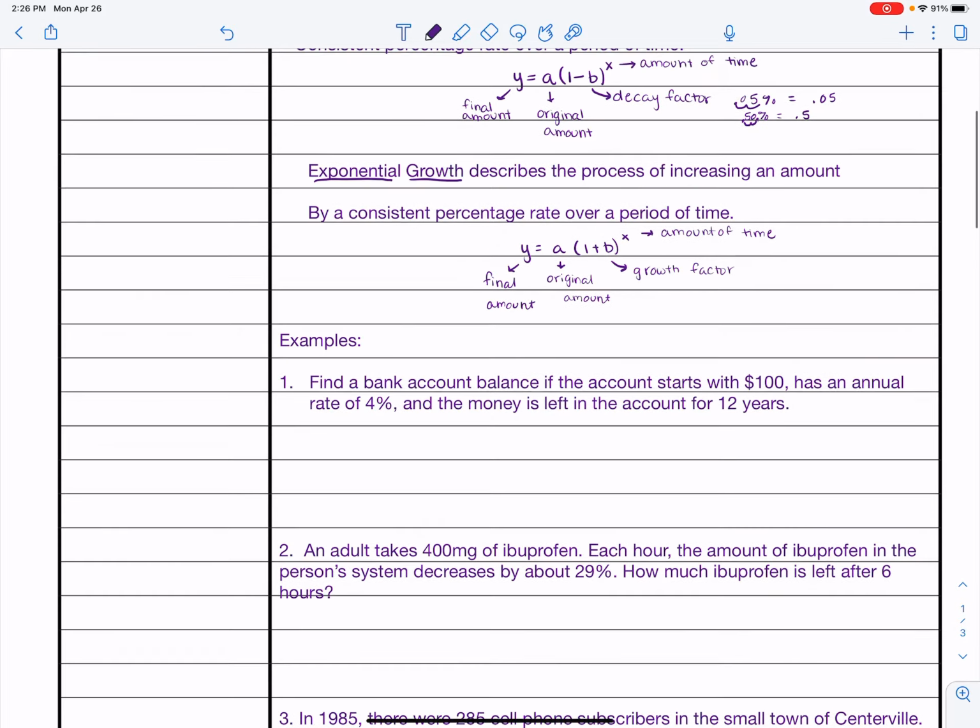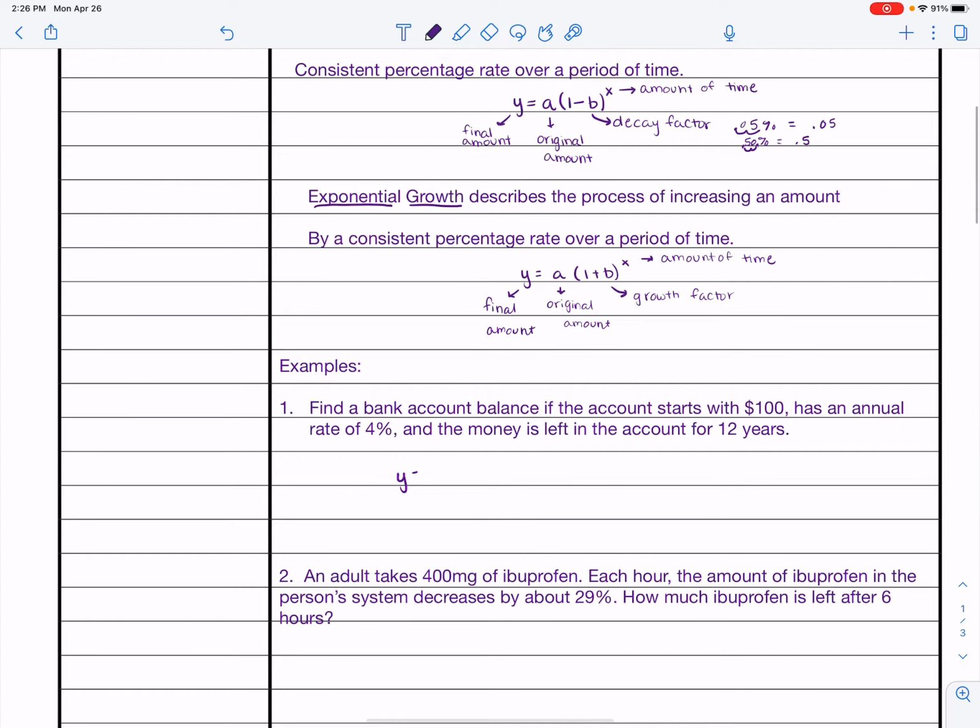So y equals our final amount, the amount we're finding, the initial amount first, so 100, times 1 plus, because we're adding 4%, 0.04.